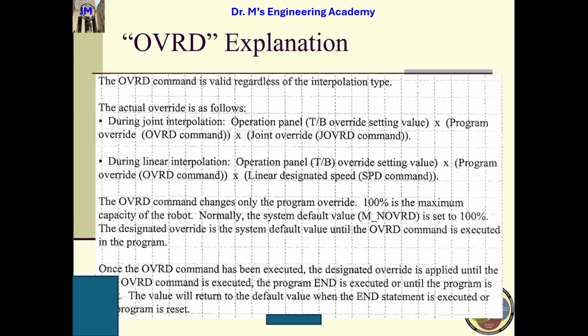So OVRD, this is what I want you guys to know: you just need to know how to change the speed. There are a lot of explanations, but I don't think they are very useful. You can just specify the speed by changing the number behind the OVRD command.